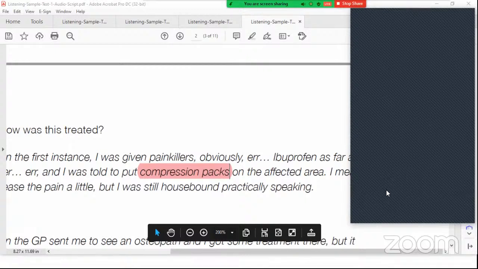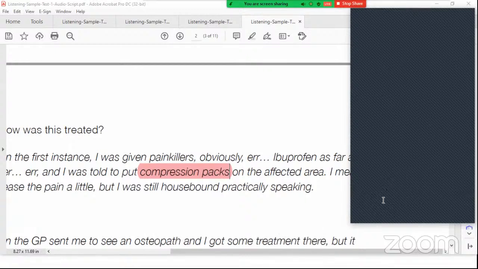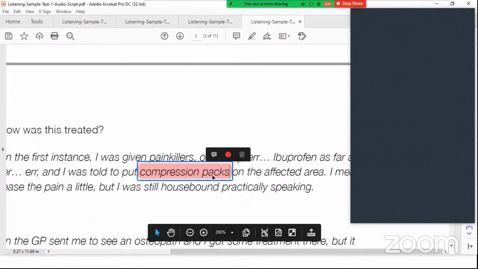Here you should know what a countable noun is and what an uncountable noun is. Now this pack is countable. You don't know the difference, and that is the problem here.